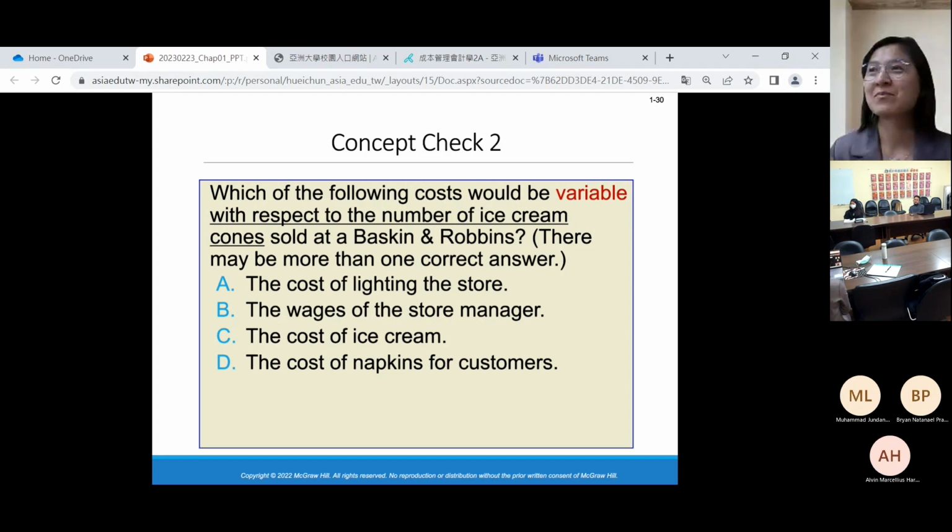Product cost can be indirect or direct, because we have direct material, direct labor, and factory overhead, like the salary of the store manager, right?